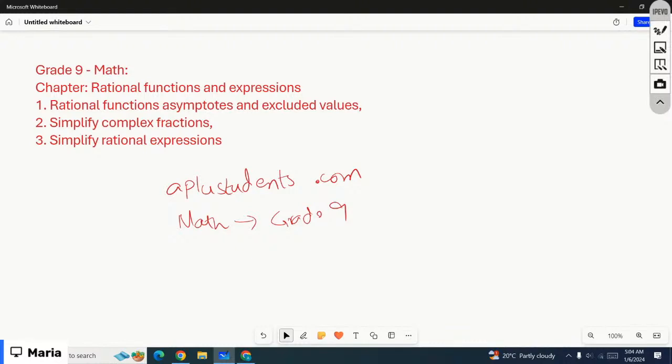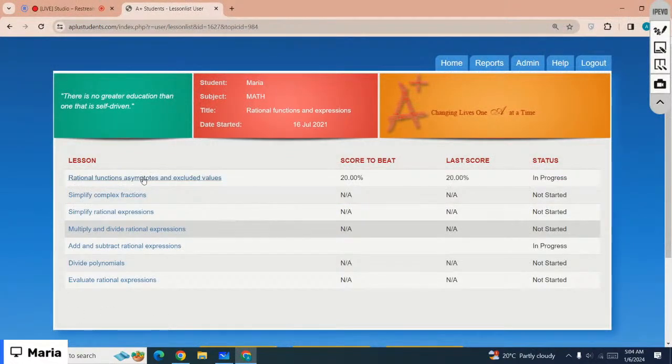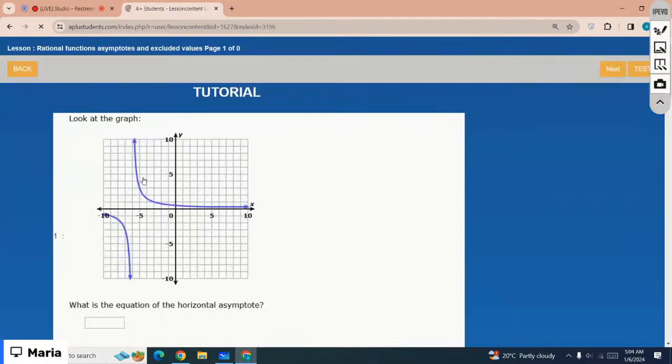So let's start with the first lesson. Please make sure you have your notebook and pencil so that you can note down the important examples and definitions as well. Let's start with the lesson rational functions, asymptotes, and excluded values.